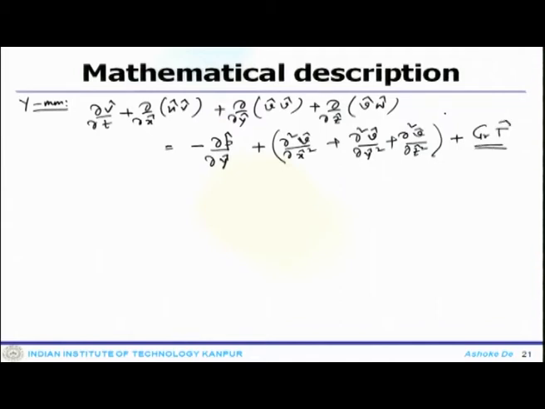So, look at this particular term. That is a non-dimensional term or parameter which is coming there, and the z momentum equation will be again similar. So, there will be no extra term.